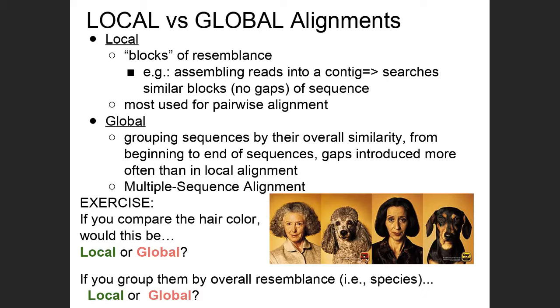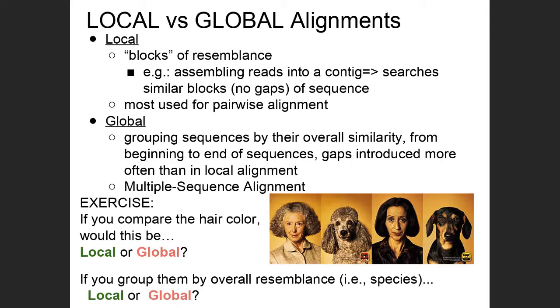If I am trying to build a phylogenetic tree, the phylogenetic tree is trying to say these things are closely related. So I want to group my species together, then this lady and this lady would be in one clade, so in one branch of the tree.